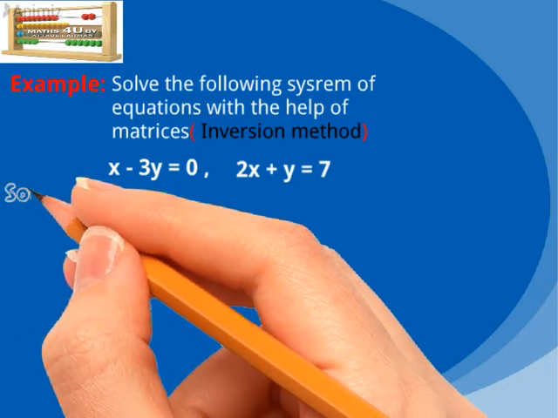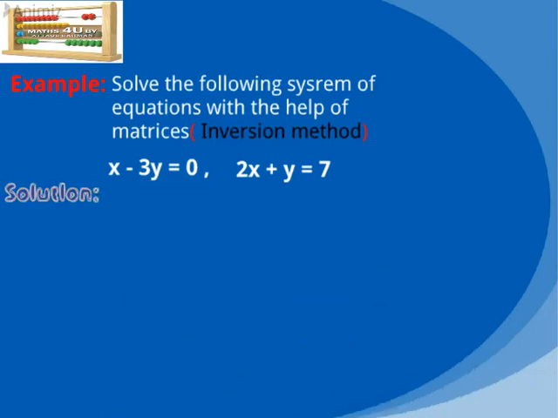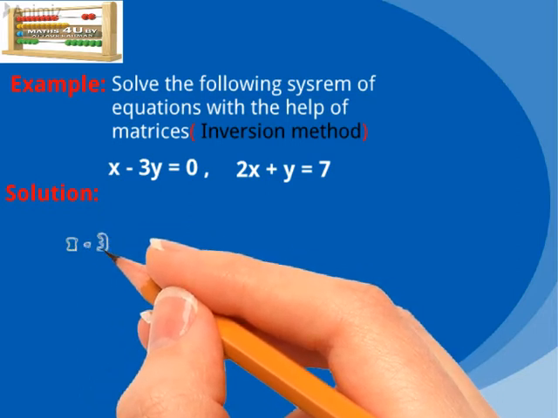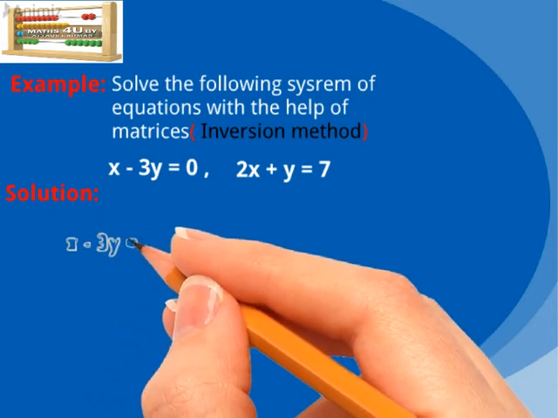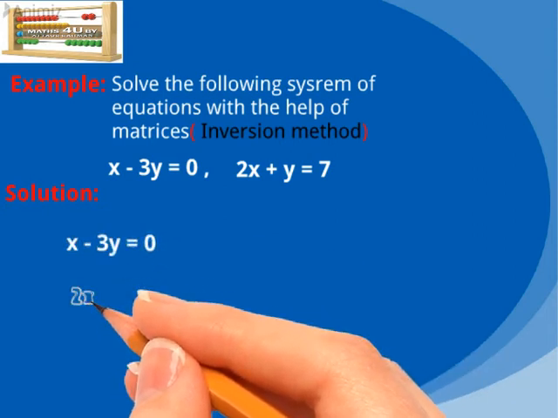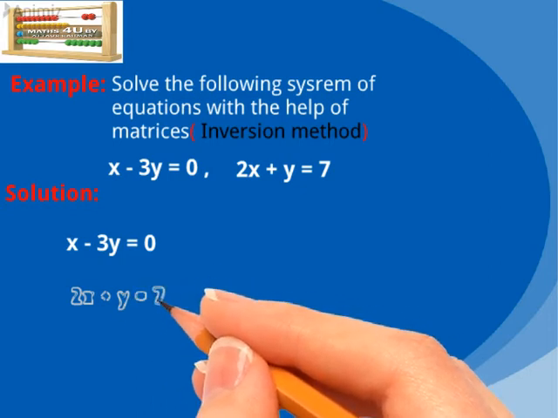Since we have been given two linear equations in two variables, x and y, that is, the number of equations is equal to the number of variables, the system of equations is consistent. That is, the system of equations has a solution.